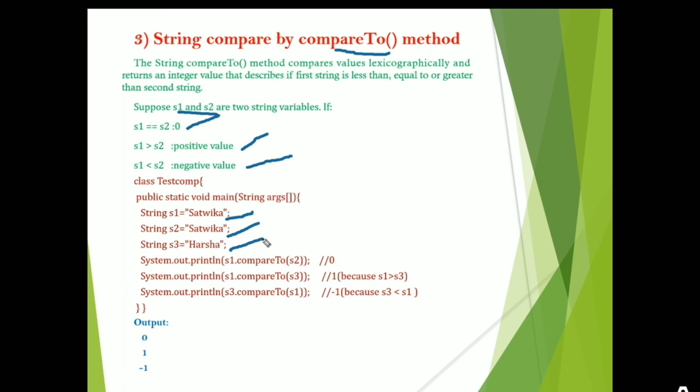When we compare s1.compareTo(s2), both are the same, so it returns 0. For s1.compareTo(s3), s1 has Satvika and s3 has Harsha, so the s1 string is greater than s3. The value of S is greater than H, so it returns a positive value, that is 1.